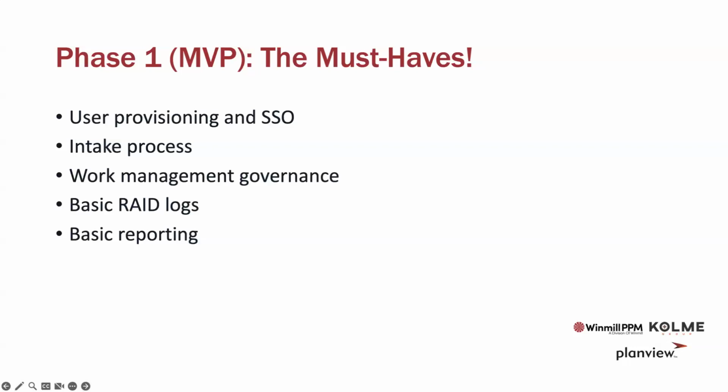So we'd say, let's go basic. Let's just get some RAID logs, make sure people are using them. And here's a concept, we can start reporting on that data. So in addition to financial reporting or resource management reporting, we can look at reports on projects, including not just the work schedule, the budget, we can look at things like those ancillary items, the RAID log items.